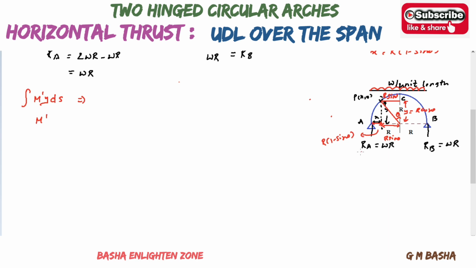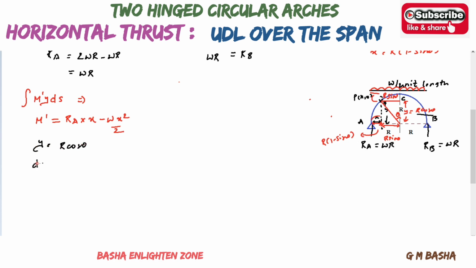M dash will be equal to this force into distance, that is Ra into x, and again W into this distance x into x by 2. One will be acting clockwise and another anti-clockwise, so minus W x square by 2. That is the moment here. And again what is y? Y will be equal to this r cos theta.